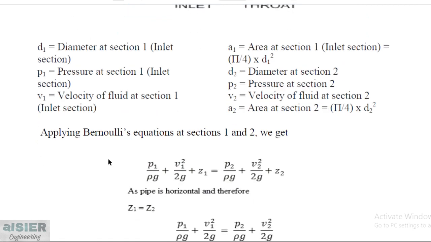So for section 1 we have the addition of the first head, that is P1 upon rho g, which is nothing but the pressure head. Second one is the kinetic head, that is V1 square upon 2g, and third is the datum head or potential head Z1, is equal to, for the second section we will write the same expression, that is P2 upon rho g plus V2 square upon 2g plus Z2, which is nothing but the addition of pressure head, kinetic energy head and potential head.